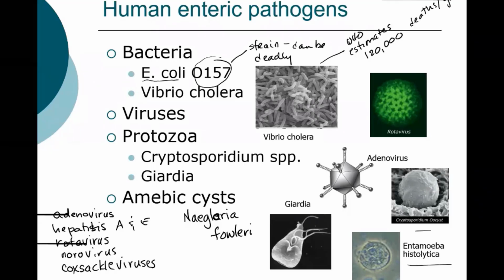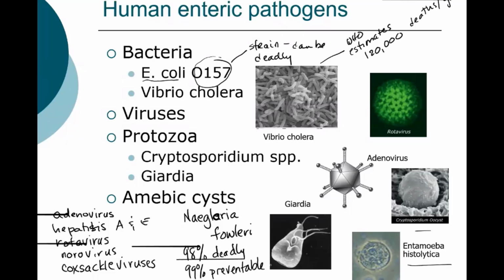However, if it's inhaled through the nose, it gets into the nasal passages, and from the nasal passages, it gets into the brain. It is about 98% deadly. It's about 99% preventable. So if we can prevent it, we can easily prevent illness and death, but we have to make sure that we're preventing it.